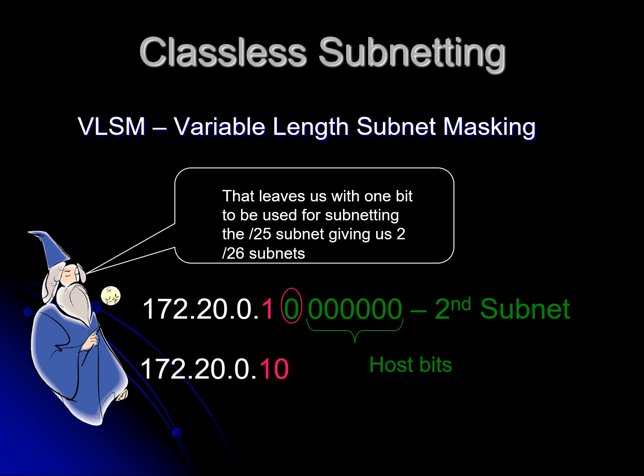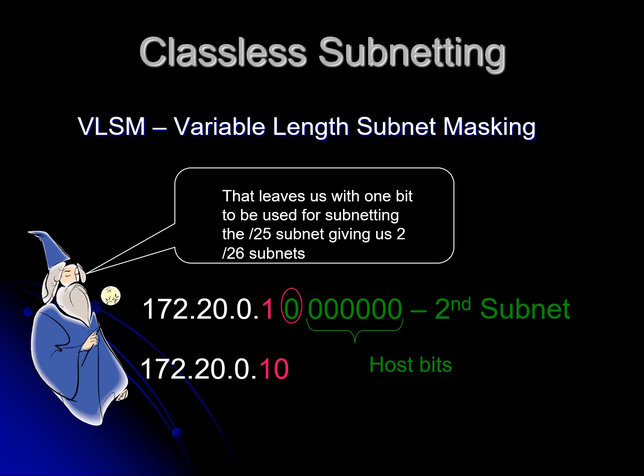Yeah. So you started off with the /25, which used 7 bits to represent your hosts. Now, since you don't really need all 7 bits to be used up for your hosts in subnet C, you only need 6. So you have 1 leftover bit that is going to be used for resubnetting.